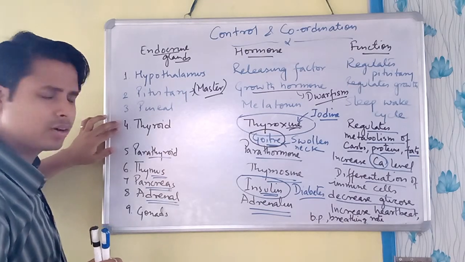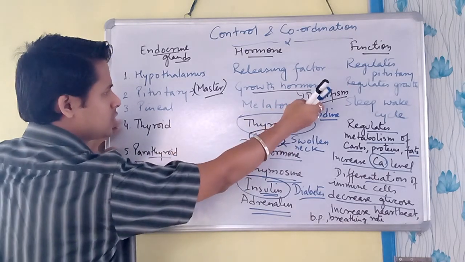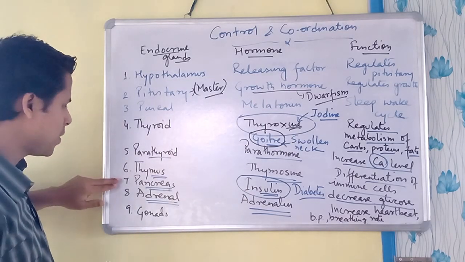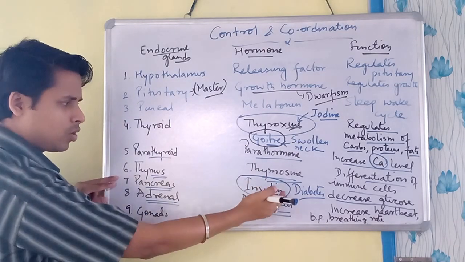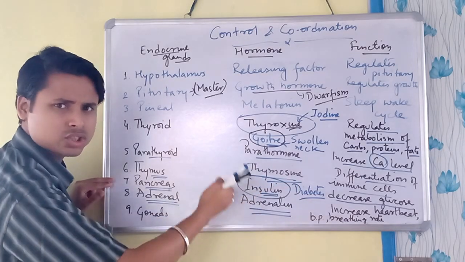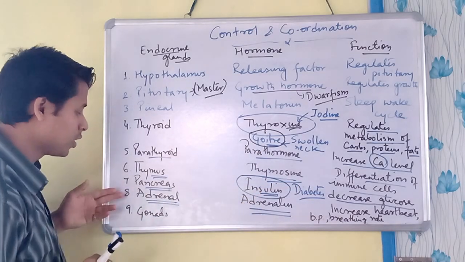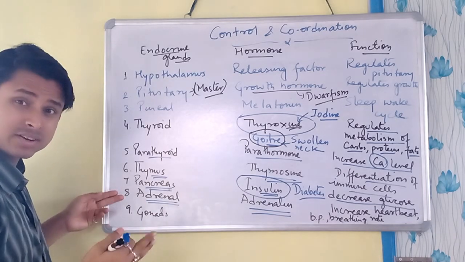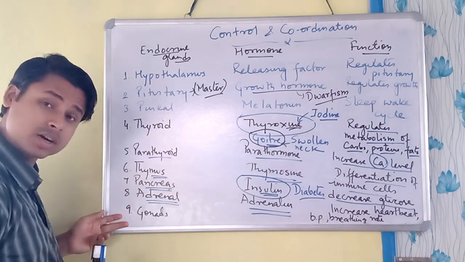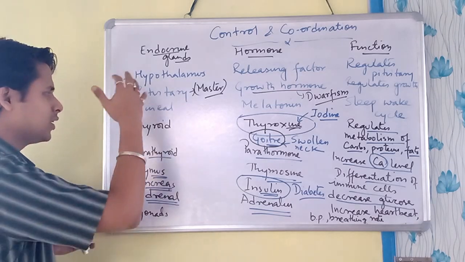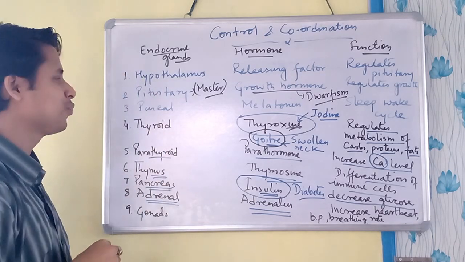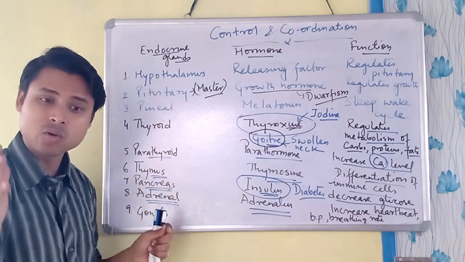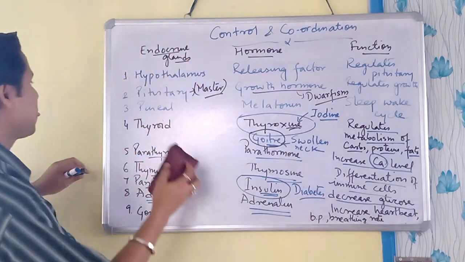Thyroid gland is important, and how deficiency disease happens. Pancreas is important: what it is releasing, what is the function, and what will happen if deficiency occurs. Adrenal gland is important, about what it is releasing and its function, and gonad is also important. Other things I have shared for your information. Now I am just sharing about the gonads.